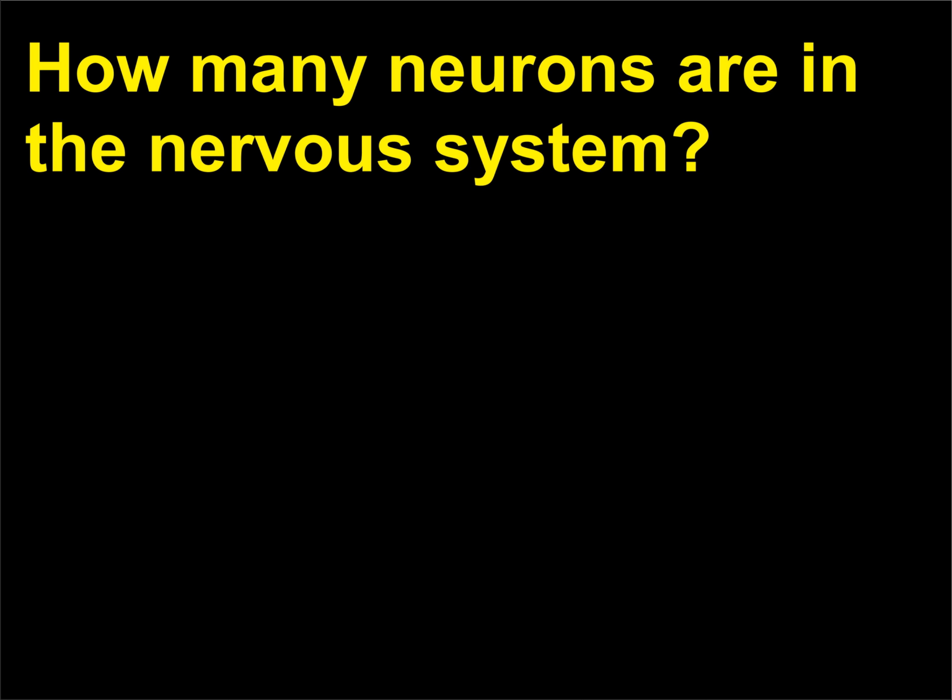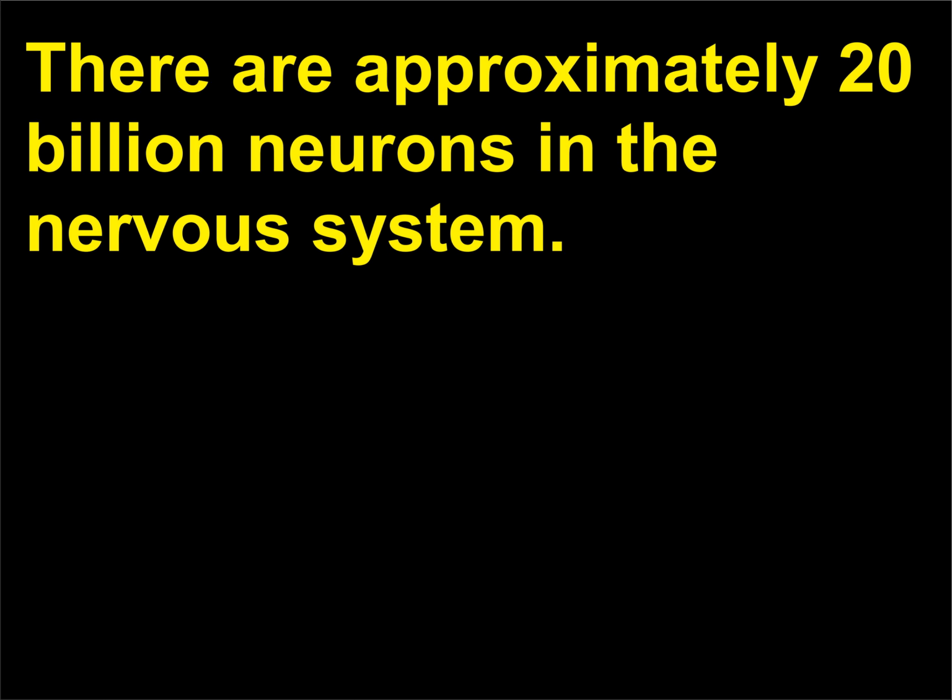How many neurons are in the nervous system? There are approximately 20 billion neurons in the nervous system.